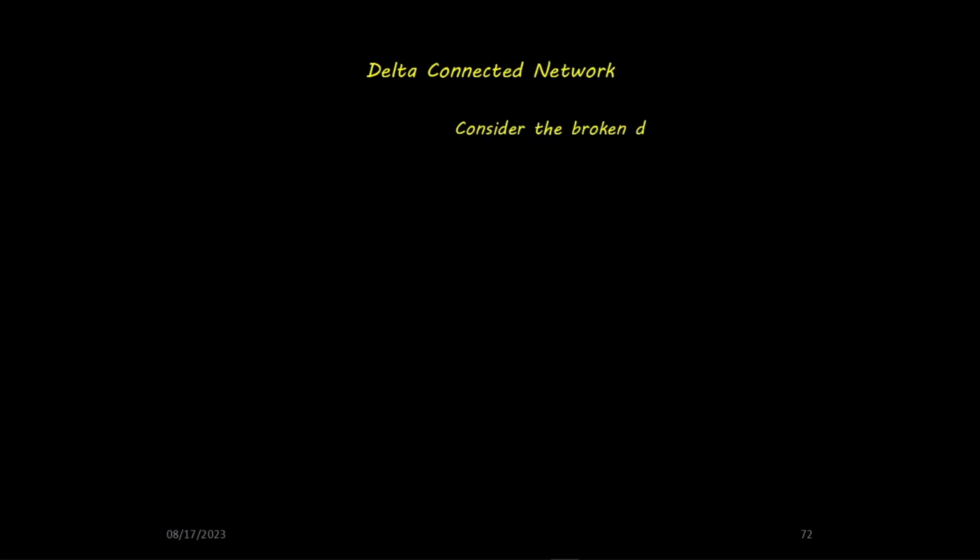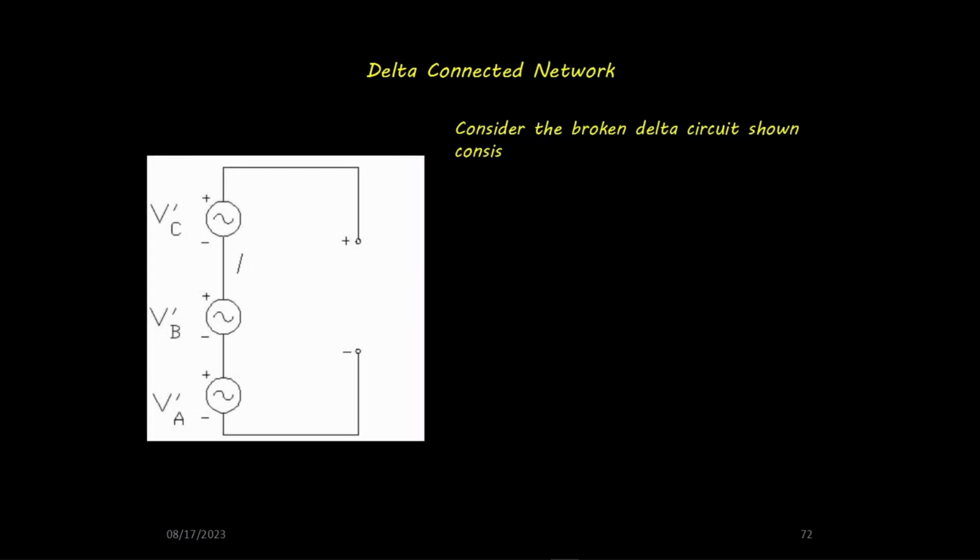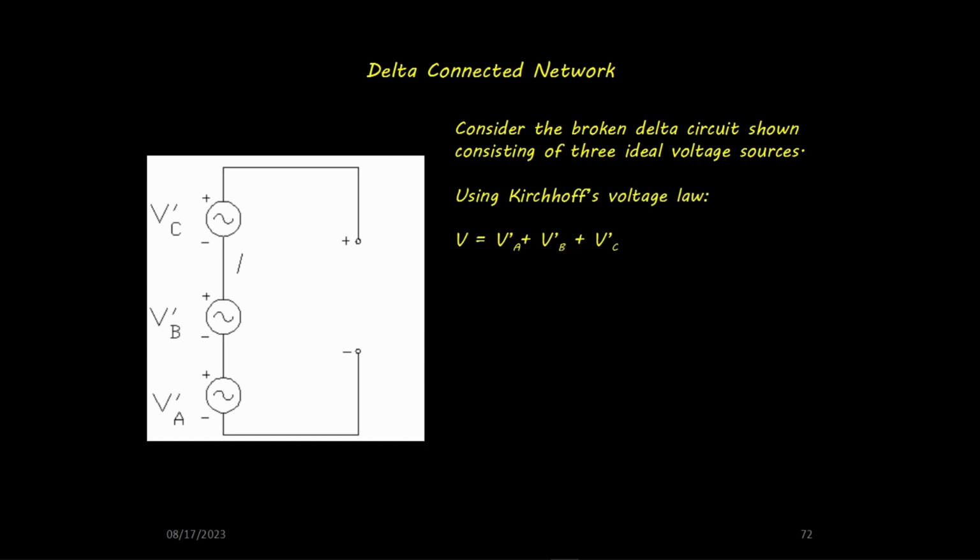Consider the broken delta circuit shown consisting of 3 ideal voltage sources. Using Kirchhoff's voltage law, V equals VA plus VB plus VC. If VA, VB, and VC are 3 balanced voltages, then VA plus VB plus VC equals 0.